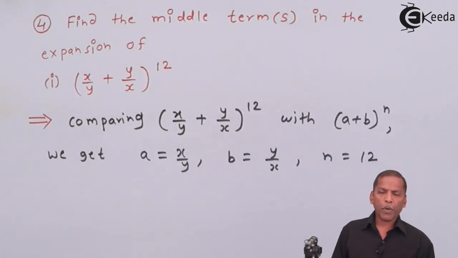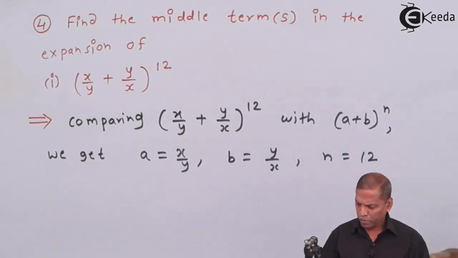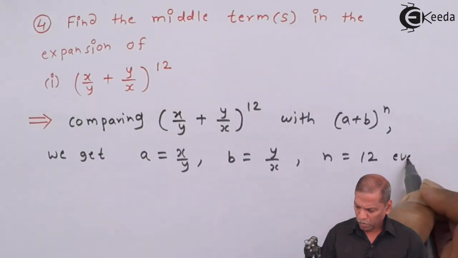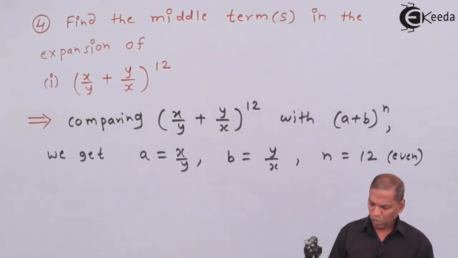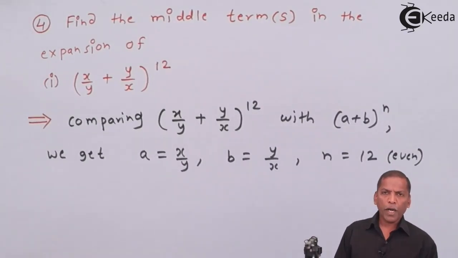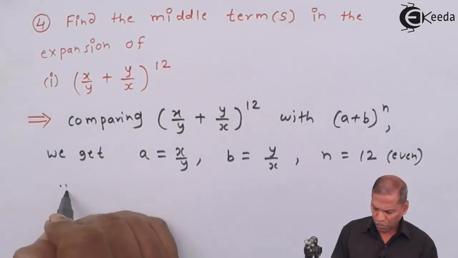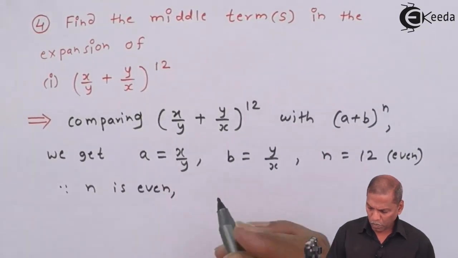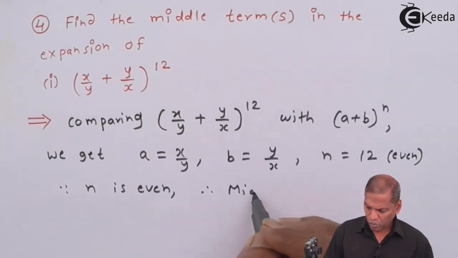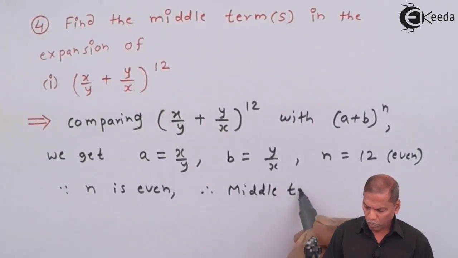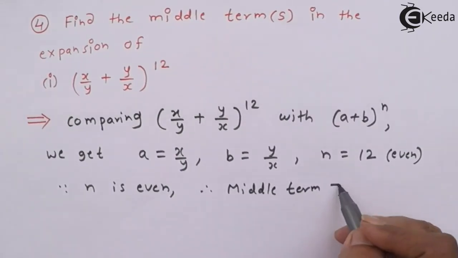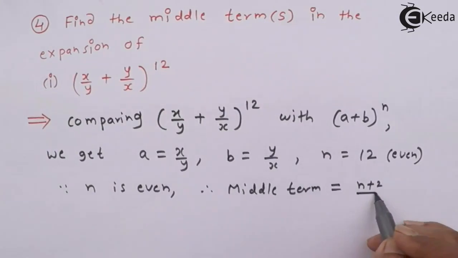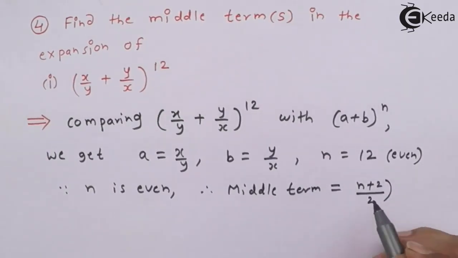So here n represents the number of terms, which is equal to 12. It means an even number. So for an even number, the formula for the middle term is (n plus 2) upon 2th term.